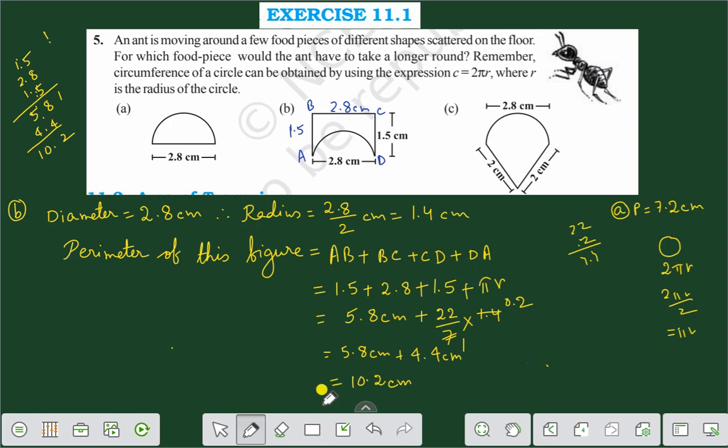That is 7.2, A is 7.2, and B is 10.2 centimeter, right?